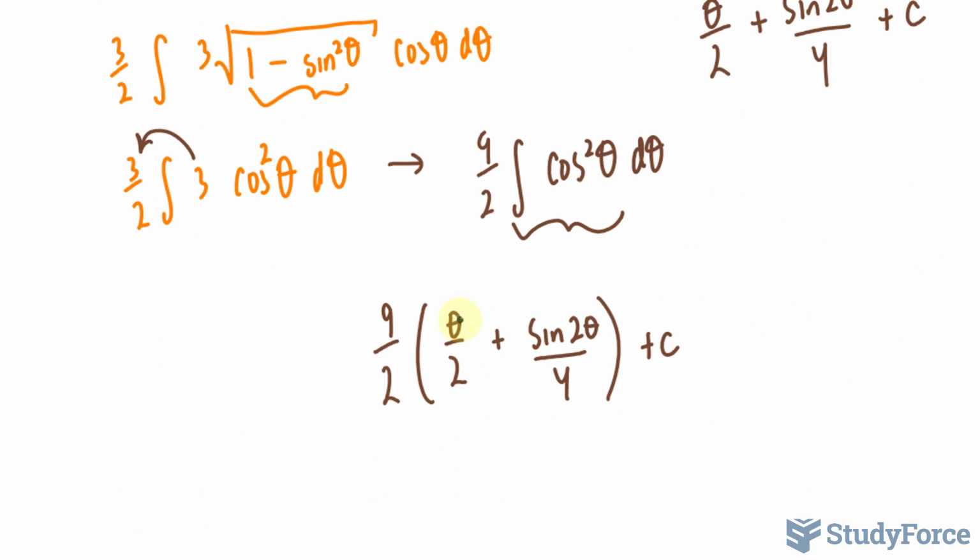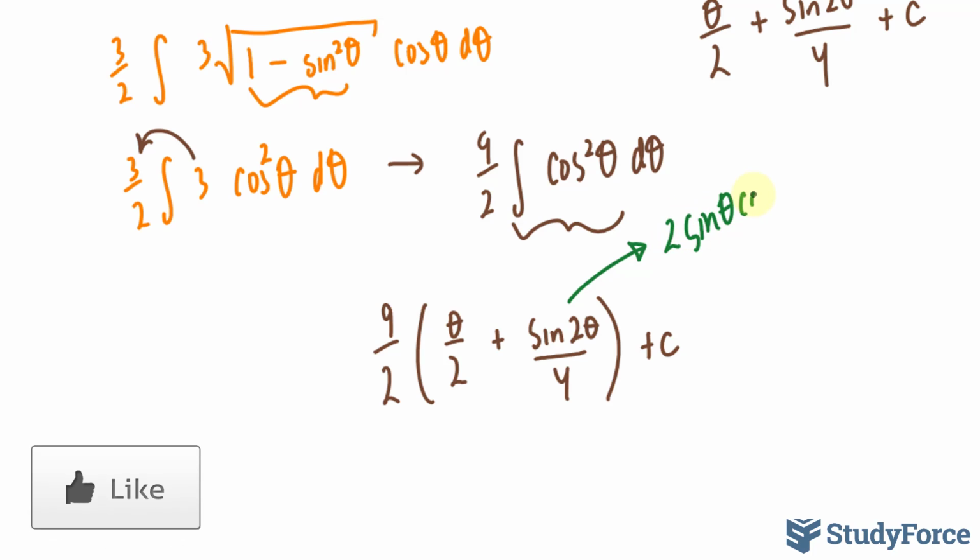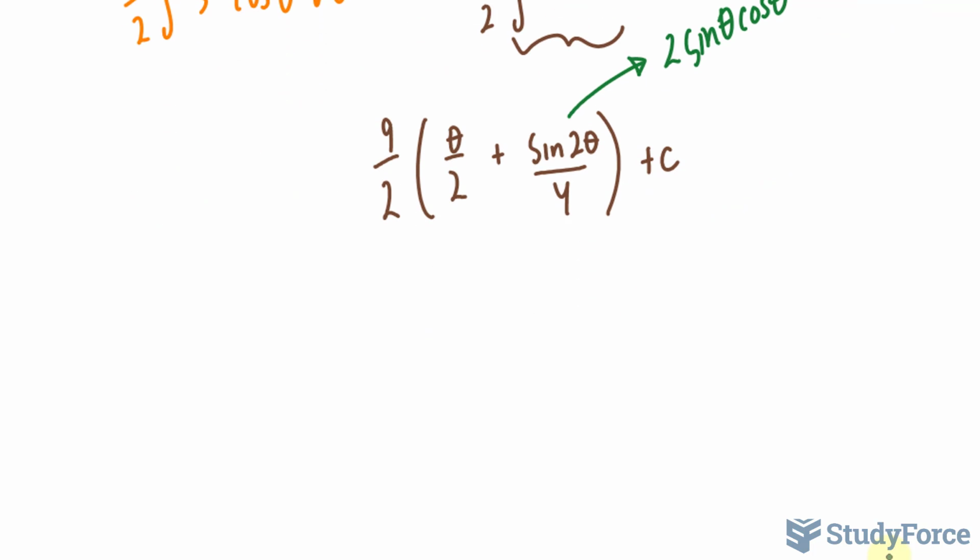So I'll replace this theta with the following. But before we even do that, notice that we have sine 2 theta. Instead of using sine 2 theta, we can use the identity 2 sine theta cosine theta. That will ultimately make it easier for us when we change the expressions from theta to x. Here's what happens when we do this replacement. And by the way, I haven't switched this theta yet, as you can tell.